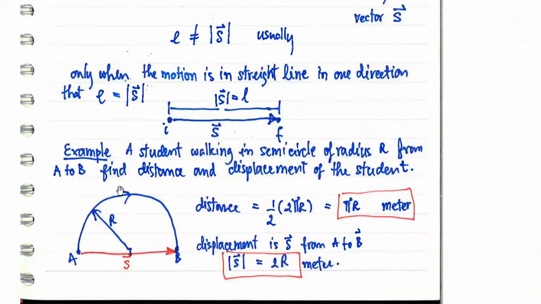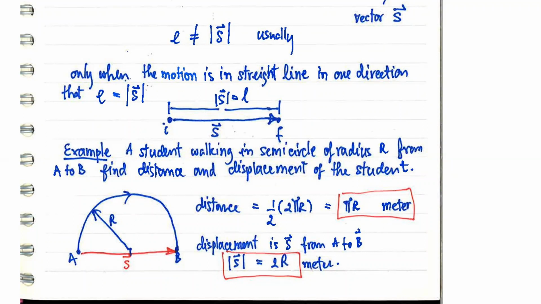Now here's the example. A student walks in a semicircle of radius r from A to B. Find the distance and the displacement of the student. Now he is walking in a semicircle, and that means the distance is half of the circumference of the circle. The circumference of the circle is 2 pi r, so half of it is pi r meters.